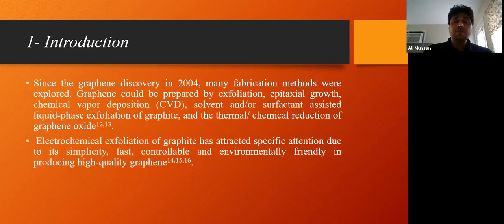Graphene can be prepared by micromechanical exfoliation, epitaxial growth, chemical vapor deposition, solvent and/or surfactant assisted liquid phase exfoliation of graphite, and thermal or chemical reduction of graphene oxide. The electrochemical exfoliation of graphite has attracted specific attention due to its simplicity, speed, controllability, and environmental friendliness in producing high quality graphene.